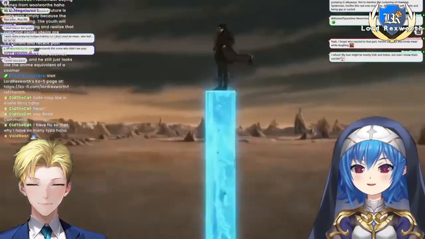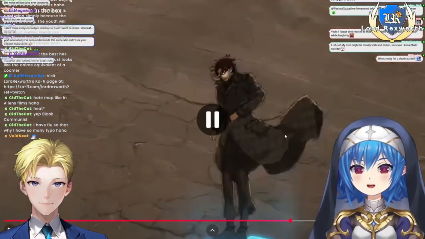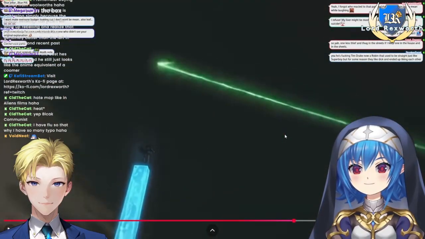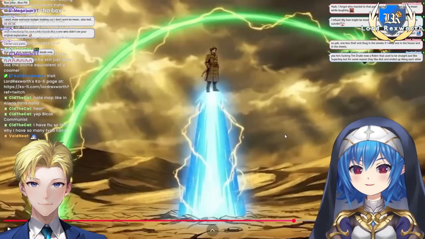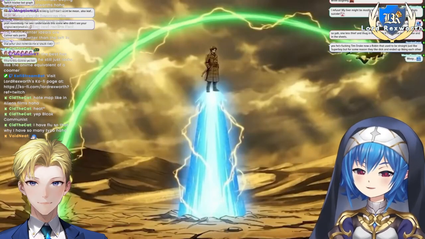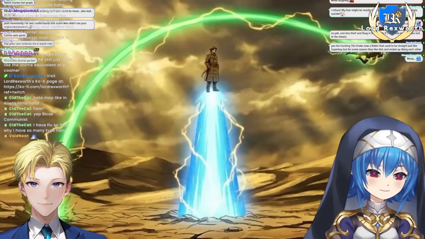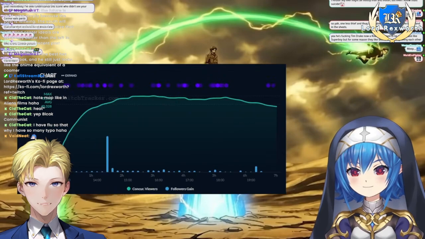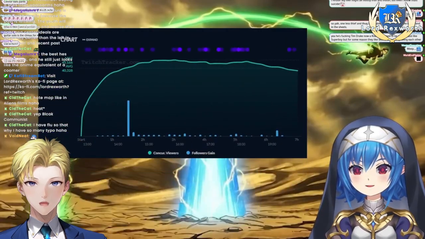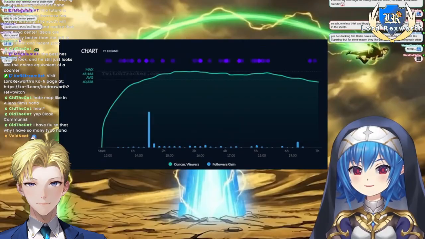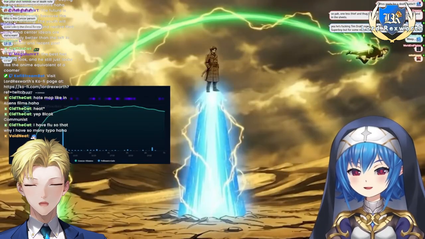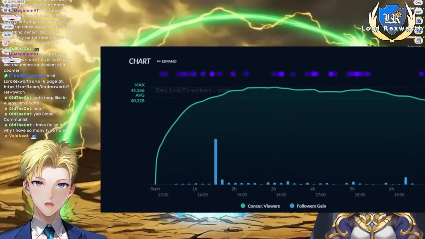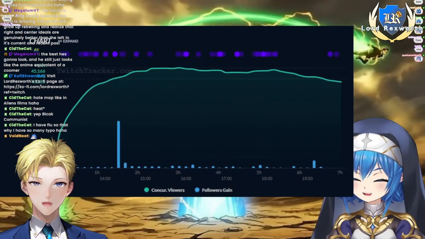So he flies into the air with this green line. And you can actually see him here in the overhead. So he flies up, and you can see he goes overhead right here. So you have the shot from below, switches to the shot from the side. For those of you that don't know, the most esoteric joke in here is this is the follows chart for Hassan from Twitch Tracker that Asmund showed on his stream about 4 days ago, and damn, that is a deep cut. Because it's literally the chart.